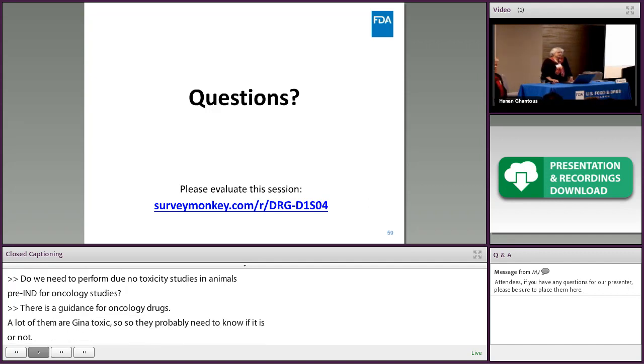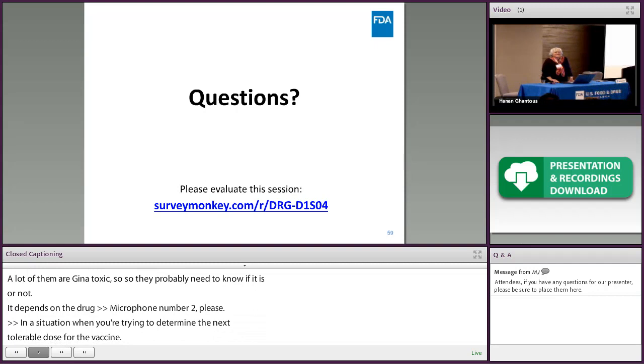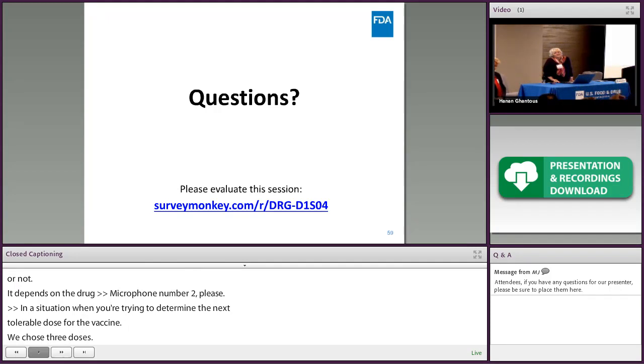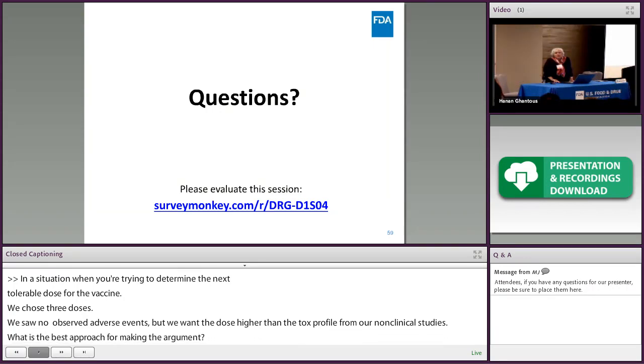Okay, microphone number 2, please. In a situation where you're trying to determine the max tolerable dose for a vaccine, say we chose 3 doses, we saw immunogenicity and no observed adverse events, but we still want to dose higher than our tox profile from our non-clinical studies. What's the best approach for making the argument to dose higher? Why would they not? I'm not very familiar with vaccines.